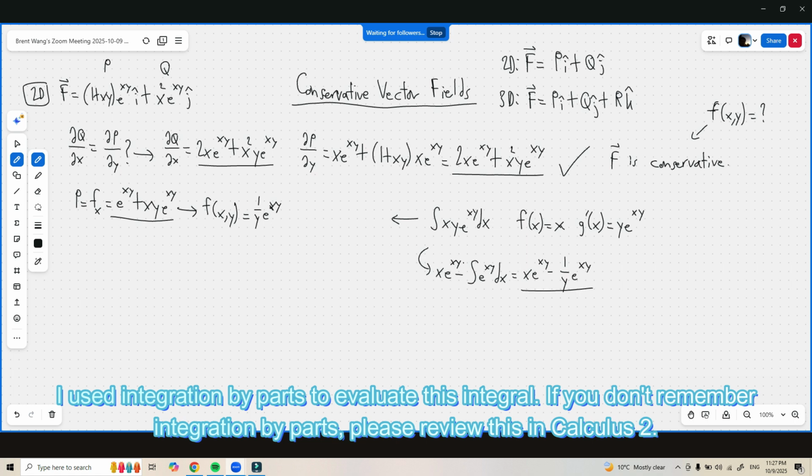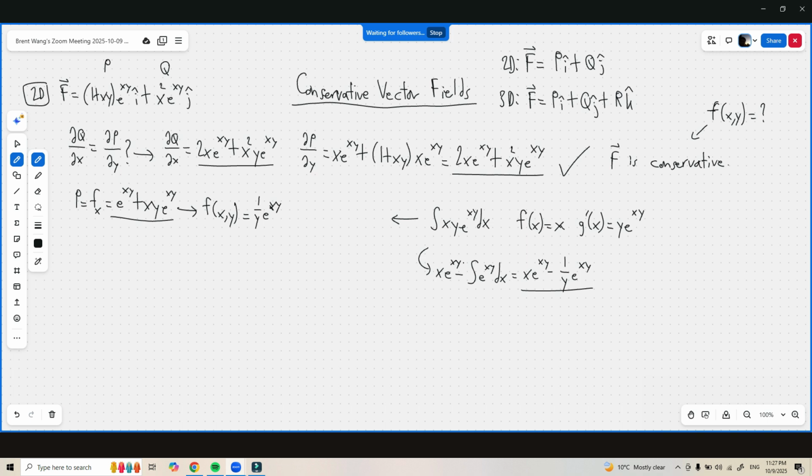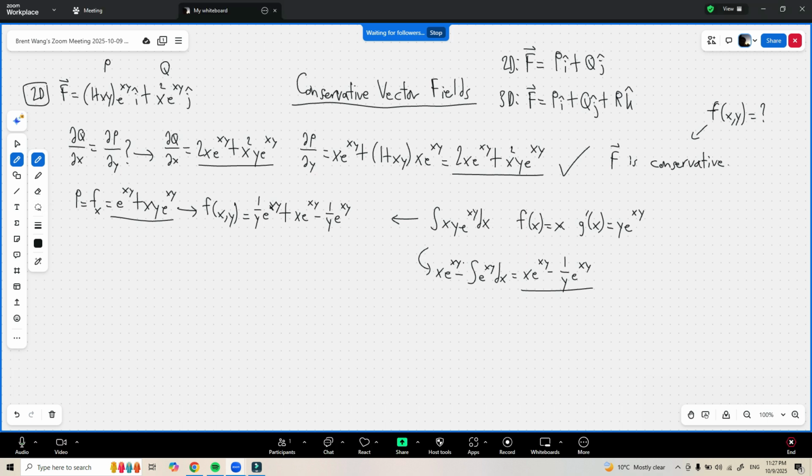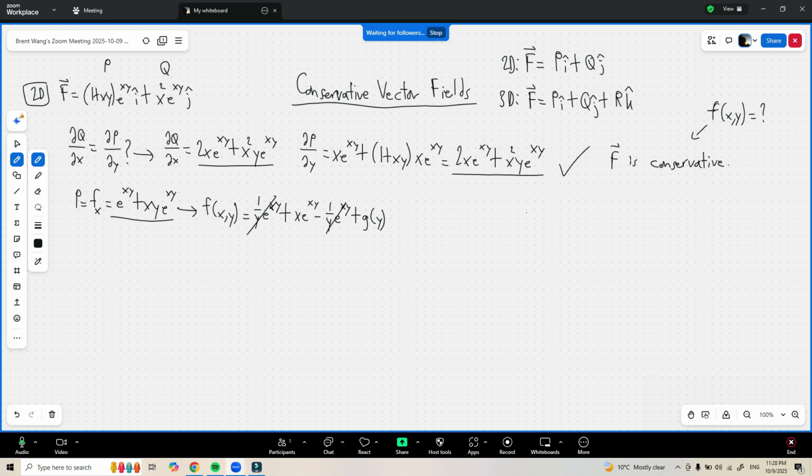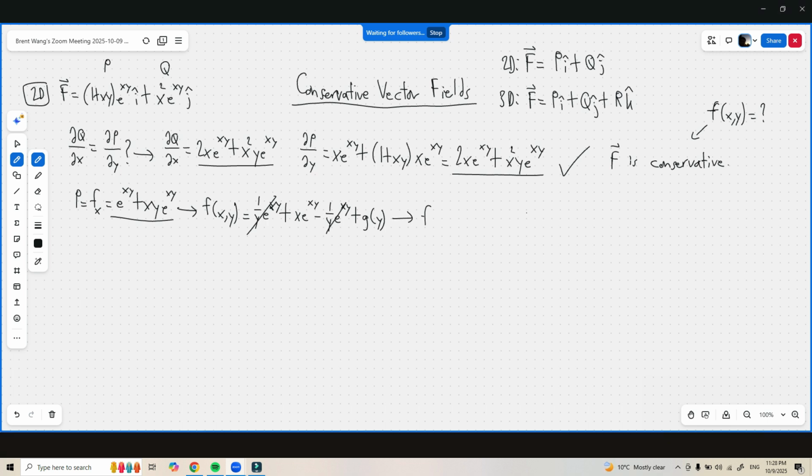Don't need the plus c here, but plus g of y. This and this cancel, so you'd have f of xy equal to x e to the xy plus g of y.